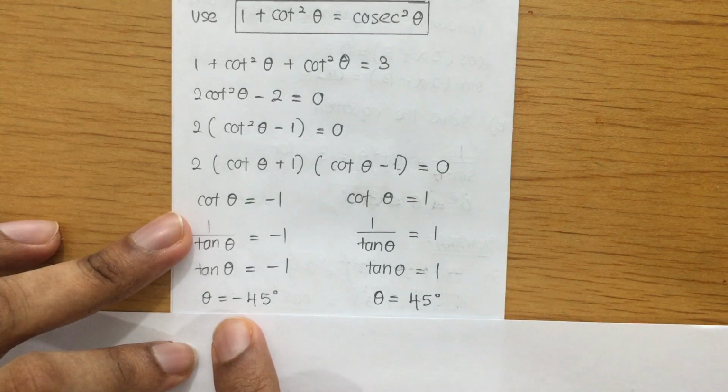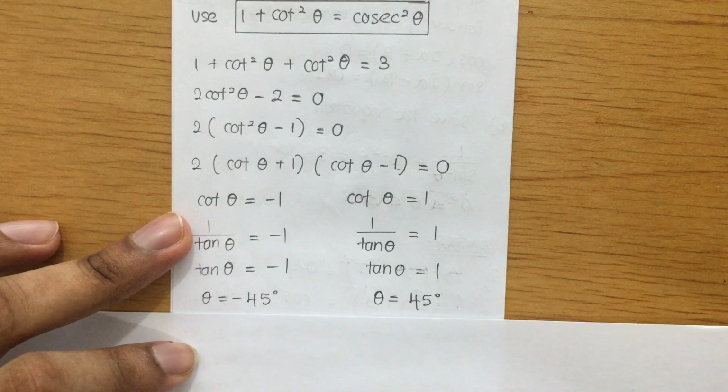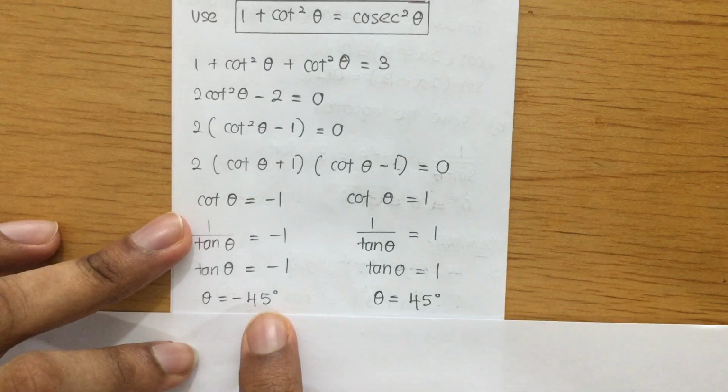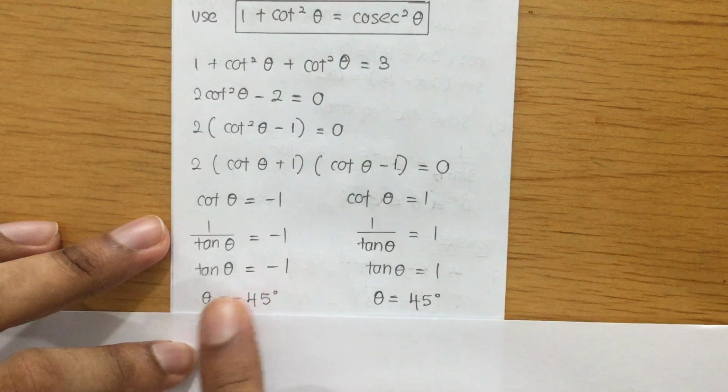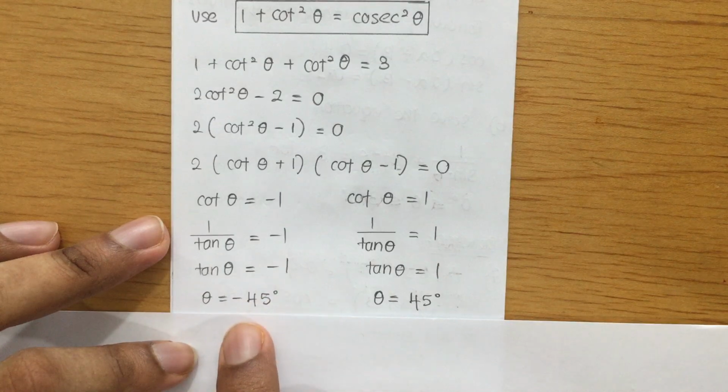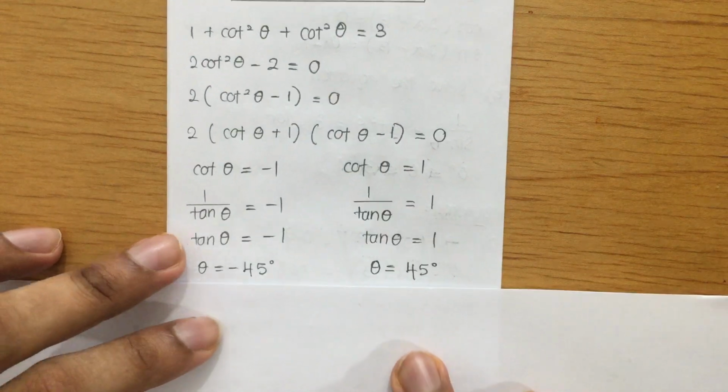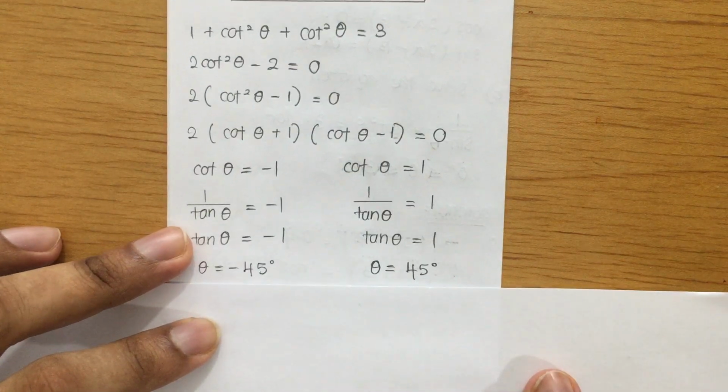So only your third quadrant will be positive here, whereas your second quadrant and fourth quadrant will be negative. In this case, your negative 45 degrees indicates that your tangent value will be in the second quadrant and fourth quadrant. Okay, so proceed to the next step.